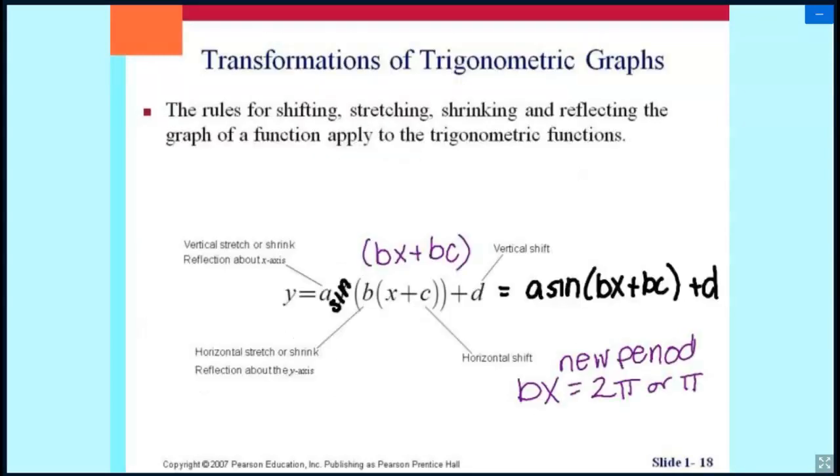So sine, cosine, cosecant, and secant have periods of 2 pi. Tangent and cotangent have periods of pi.